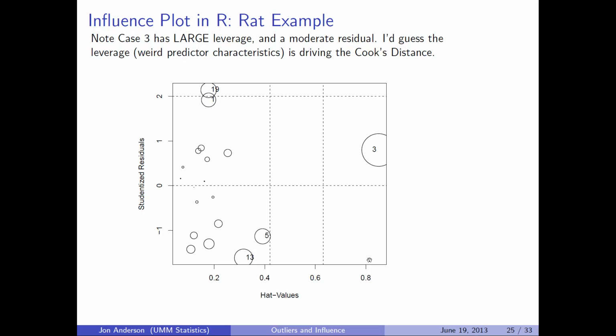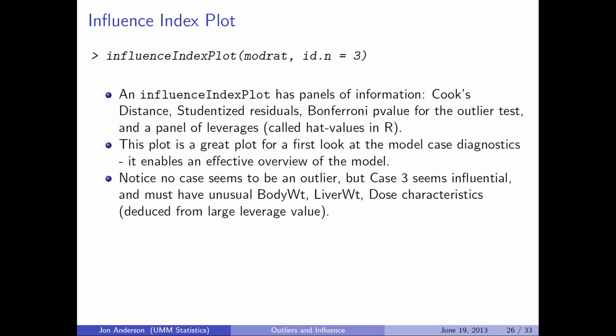We have the leverage values on the horizontal axis. And remember, those are the two components to Cook's distance. And the size of the circle tells you the Cook's distance impact on the parameter vector. And again, because the size or the area of the circle is so big for case 3 in the rat data, it's not surprising it has the biggest Cook's distance. That will be the influence plot.